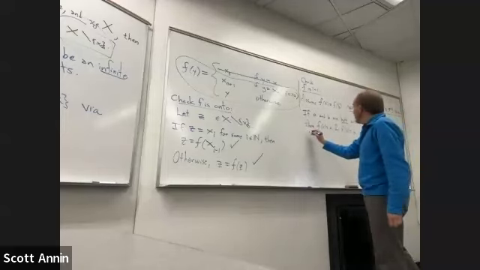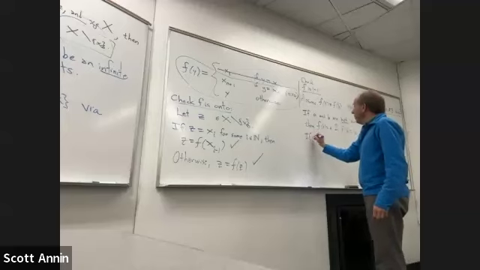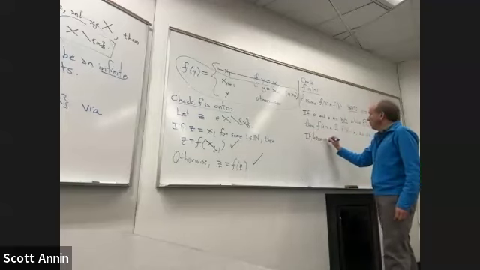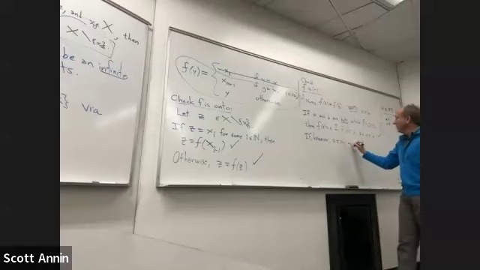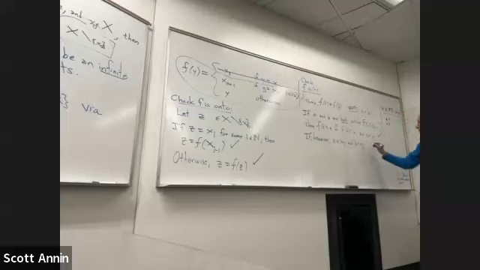So another possibility then is if, however, A is equal to, let's just say x sub i, and B is equal to x sub j, for some i and j greater than or equal to 0.